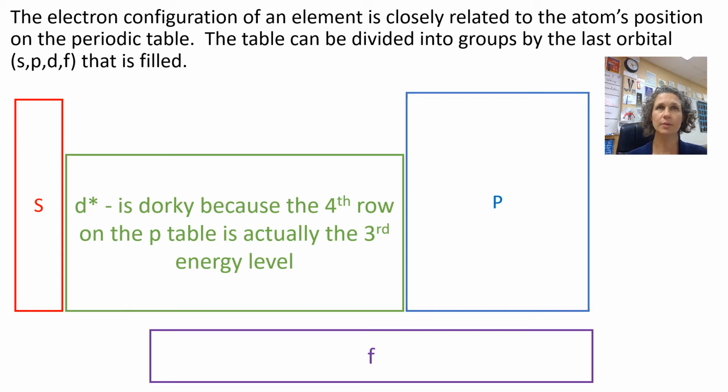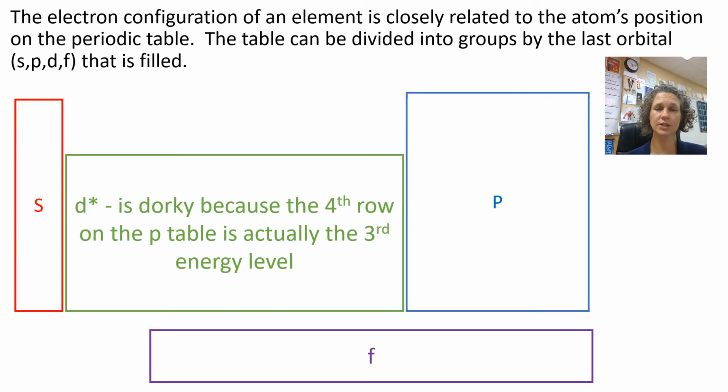The periodic table is technically divided into 4 blocks, and those blocks are the 4 orbitals, S, P, D, F. I've got them labeled on there. And if you know the electron configuration of an atom, then you can tell where it is on the periodic table.